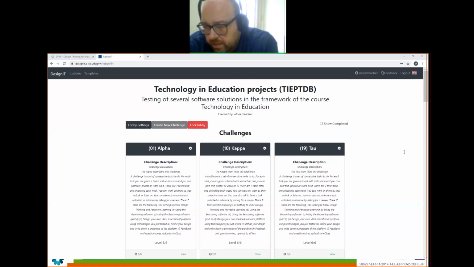Even in something like the RBD, you still have the illusion of freedom for the students, but the design thinking process is much more free than the RBD type of process.